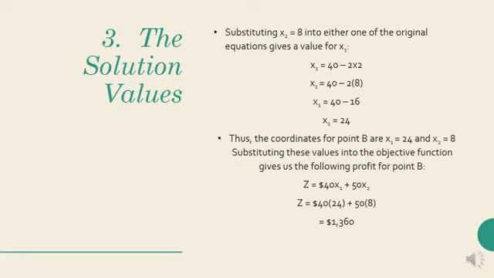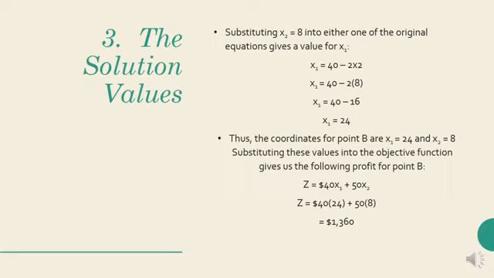Substituting x2 is equal to 8 into either one of the original equations gives a value for x1. Okay, so i-substitute na natin yung 8. Alam na natin kung ano yung x2. So, dun sa unang constraint, x1 is equal to 40 minus 2x2. So, i-substitute natin. Makukuha natin x1 is equal to 24.